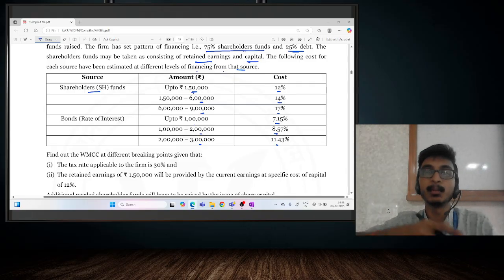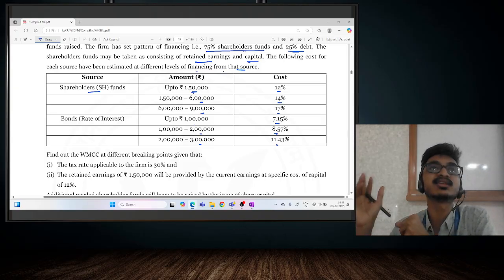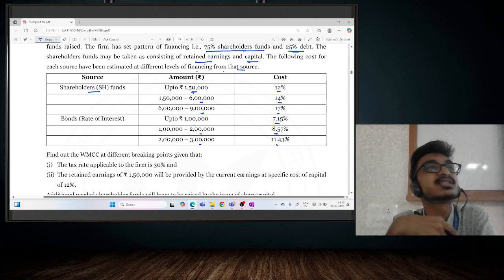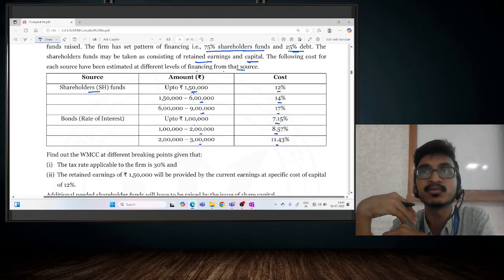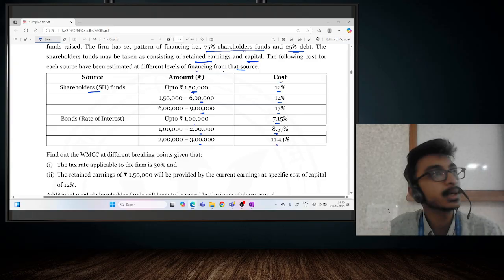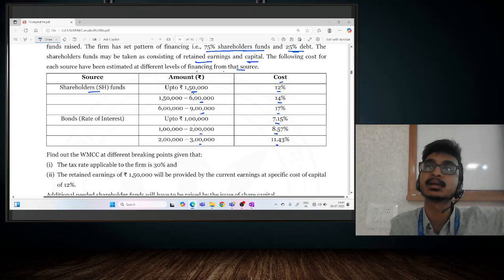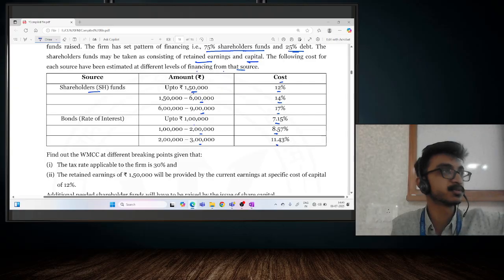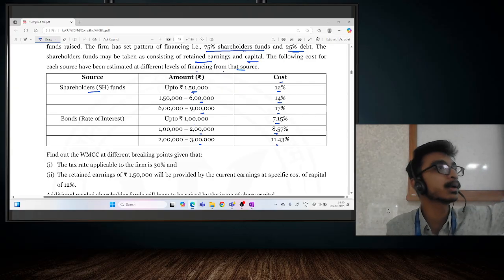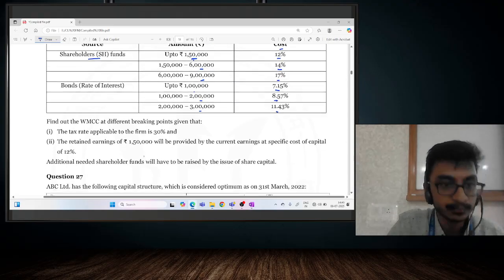So as the amount of borrowing increases, or as you are employing more and more capital into the business, your investors are expecting more return from the company. I hope it is clear, right? See, this is a cost from the company's perspective, but this is nothing but return from the investor's perspective. So as they are investing more and more money into your business, they are expecting more and more return.